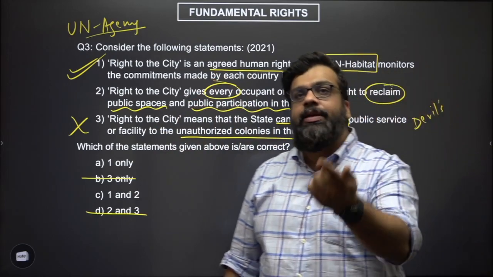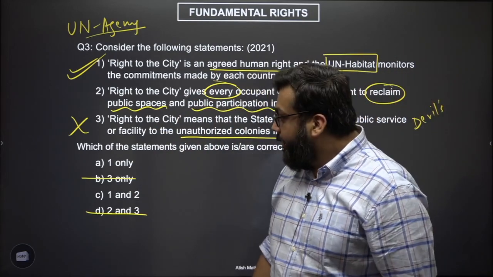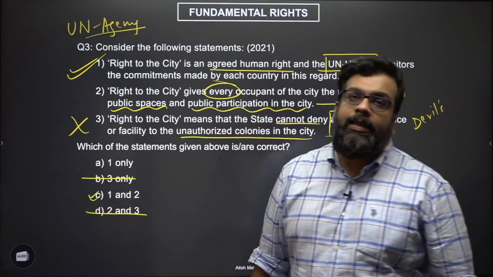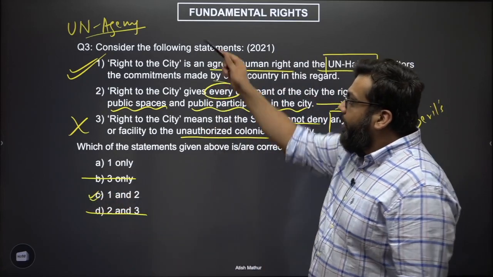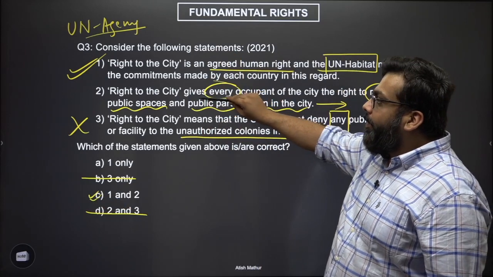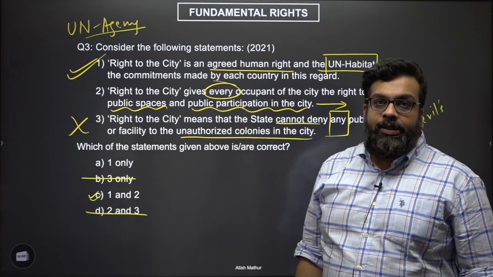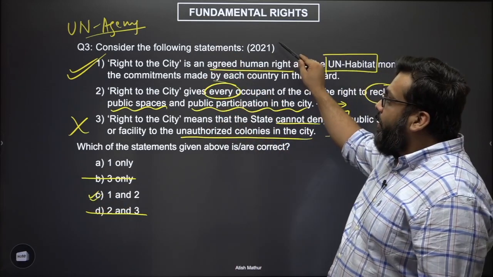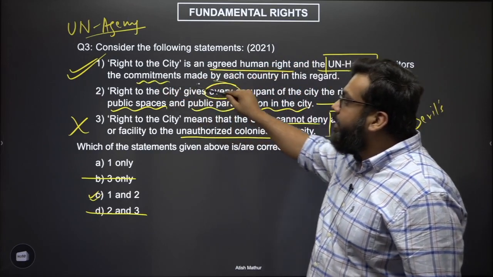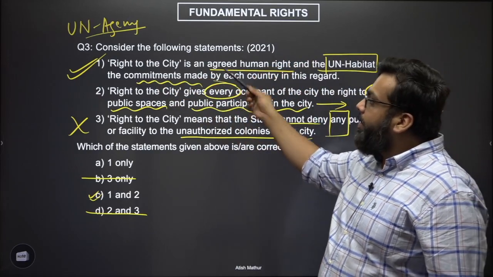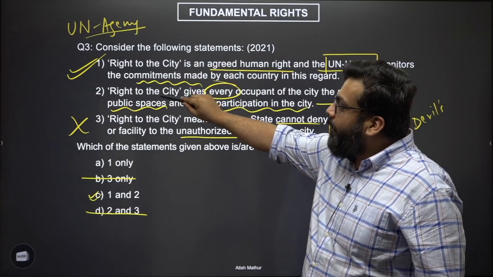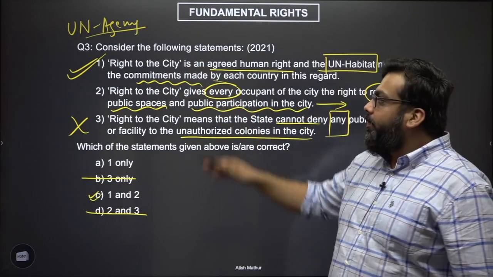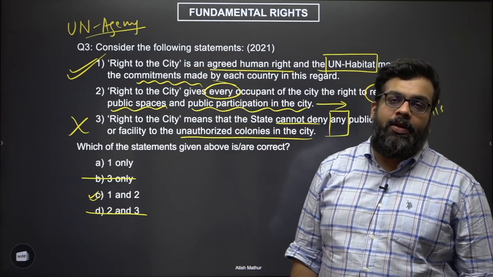So if you have to take an elimination guess, then you should look at option number C, because it seems like they are complementary to the nature. This organization is supposed to monitor the commitments. Does not mean every nation has to provide the same degree of rights which are mentioned in the Right to City document.